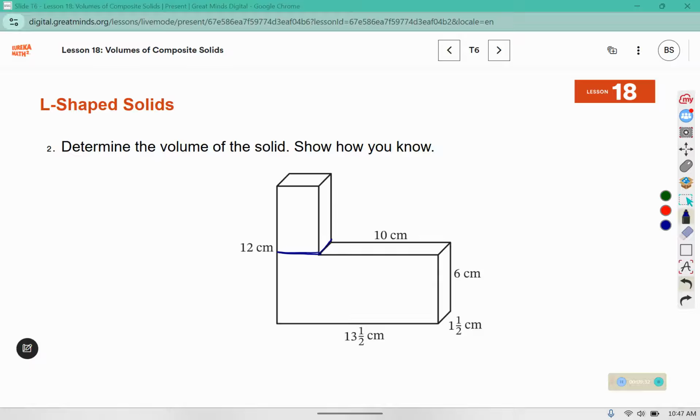This piece here has a base of 13.5 by 1.5 and a height of 6, which is a volume of 121.5.